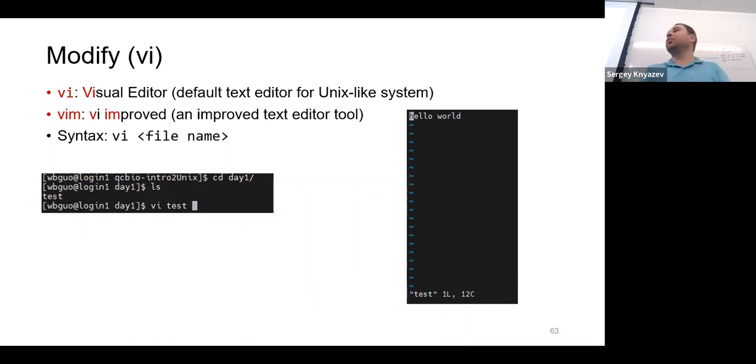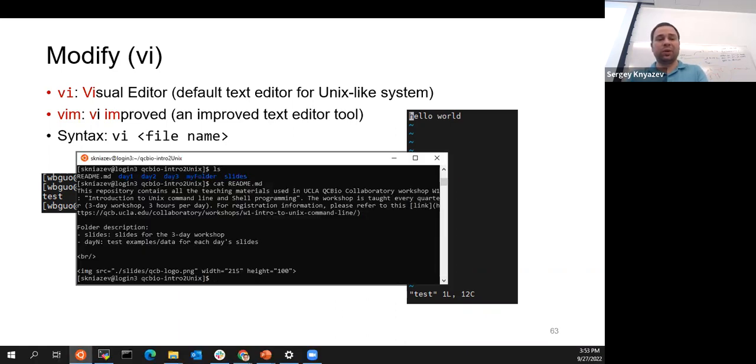I will give you the very basics of working with Vim, but you can get a separate tutorial if you want to use Vim in your life. Actually, it is very powerful, and I'm using it all the time. So you should be aware that it's not a regular editor.